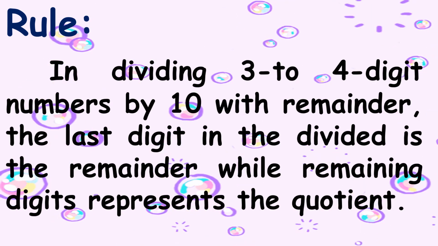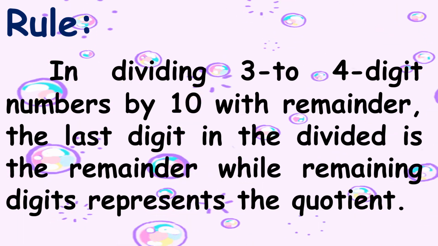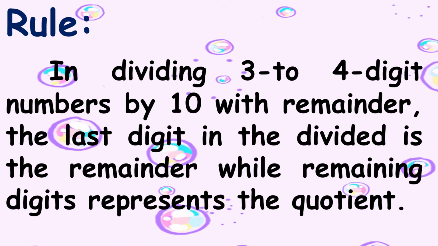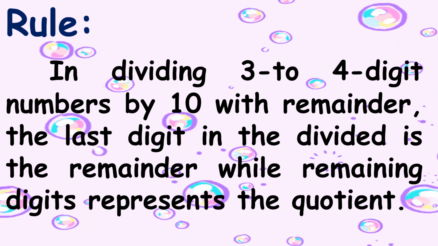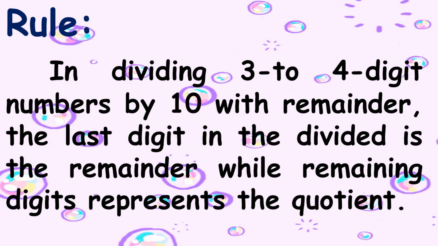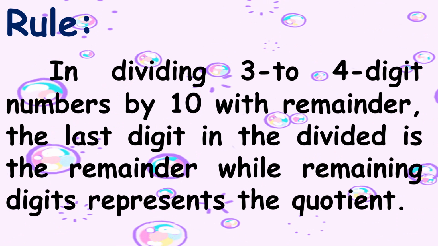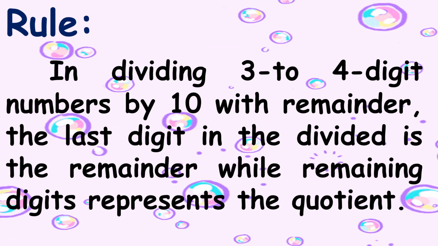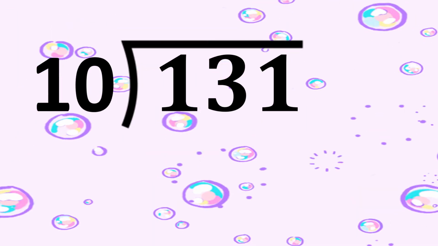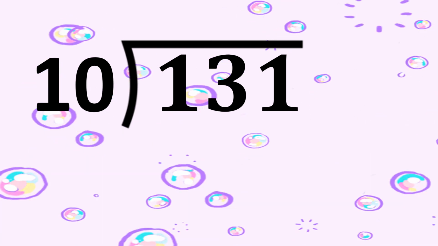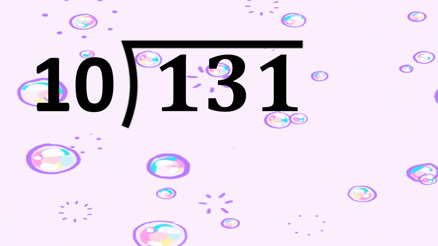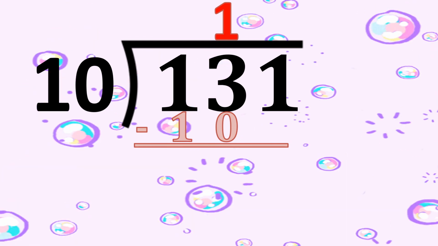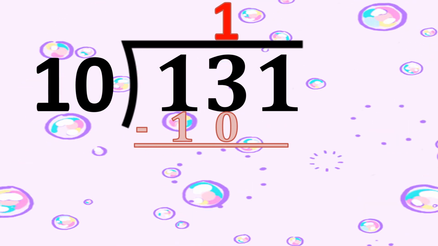For another rule, in dividing 3 to 4 digit numbers by 10 with remainder, the last digit in the dividend is the remainder, while the remaining digits represent the quotient. Example, 131 divided by 10. So, we have 13 divided by 10 is 1.